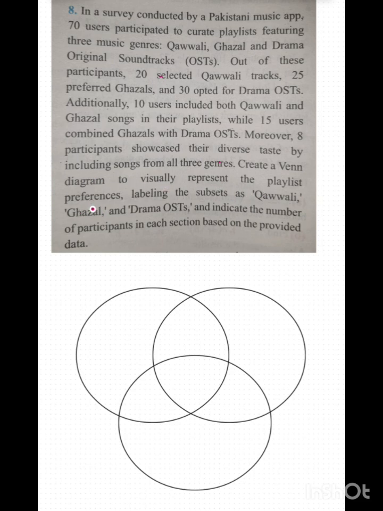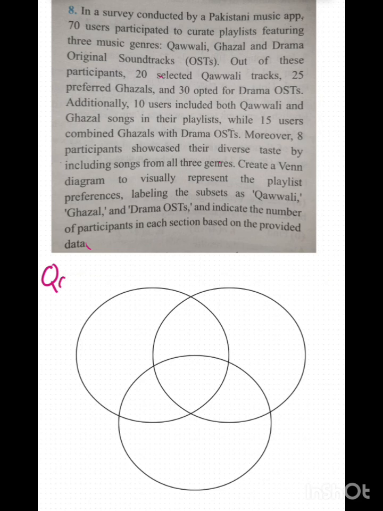So then we need to create a Venn diagram to visually represent the playlist preferences, labeling the subsets as Qawwali, Ghazal, drama OST, and indicate the number of participants in each section based on the provided data. So there are again 3 overlapping sets.